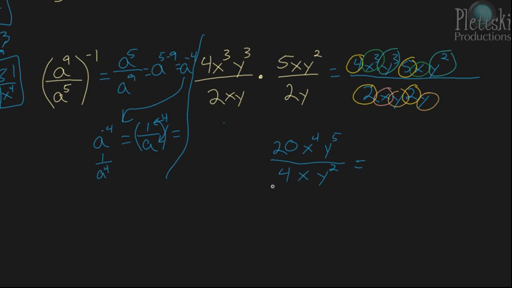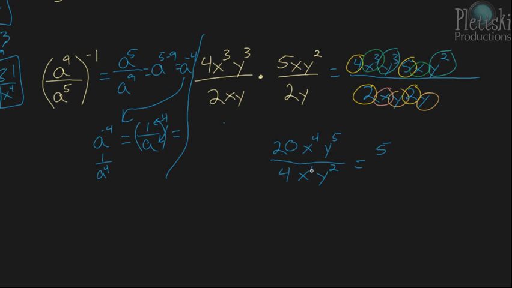Well, look at the whole numbers. We have 20 over 4, which is the same thing as 20 divided by 4, which is 5. So 5 is in the numerator. Then we have an x to the 4th over an x. Well, we can subtract those exponents. It would be x to the 4th minus 1, right?